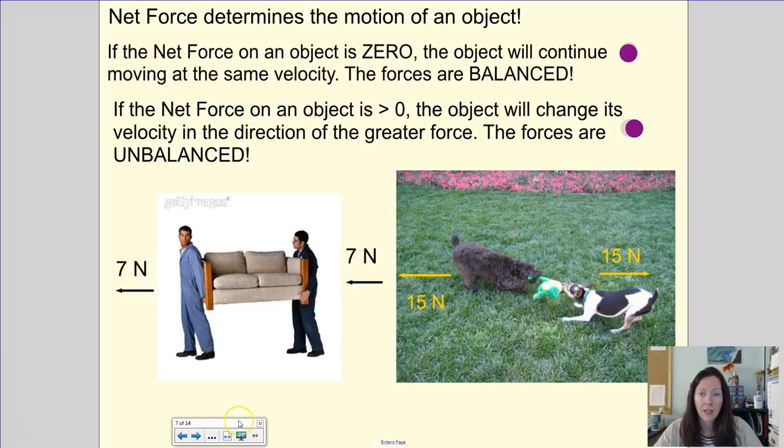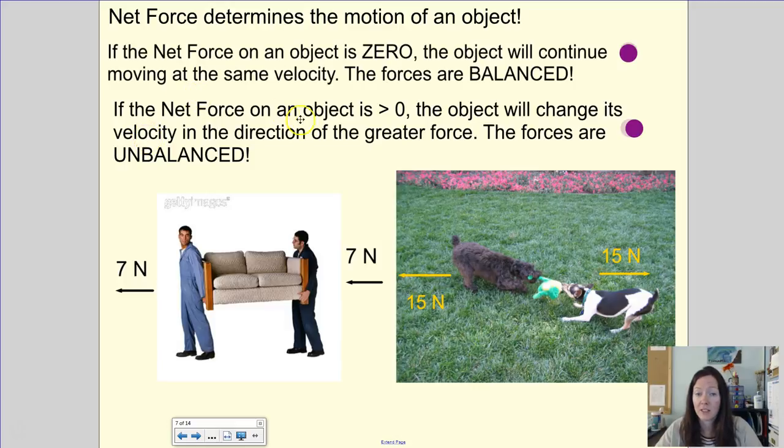Now, what does this have to do with anything? Well, net force actually determines what the object's going to do. There's two options here. Either the net force is 0 and the forces are balanced, and in that case the object's going to keep doing what it's doing. It's not going to change its motion.